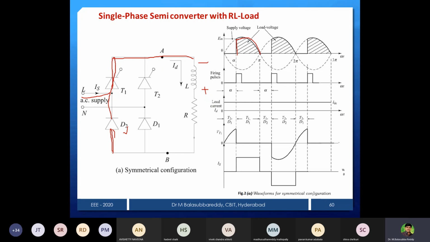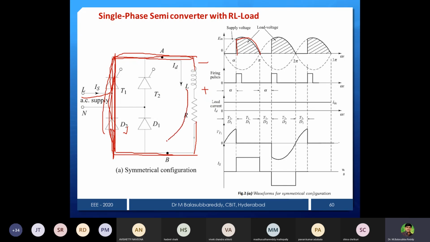If D2 is forward biased and T1 is forward biased, this total leg is conducting now. This leg is directly connected to the load, one point there and another point here. Then the load terminals are directly short circuited.